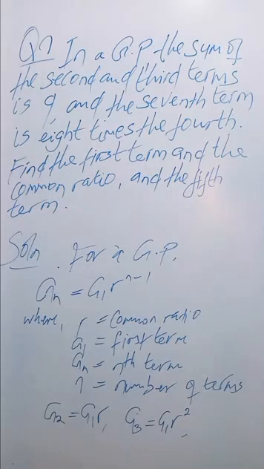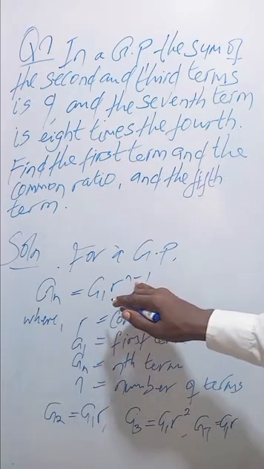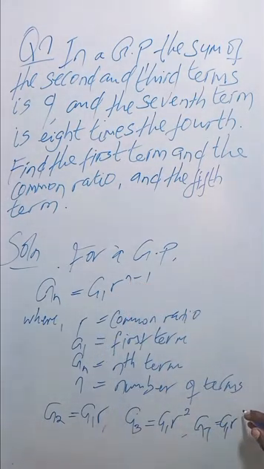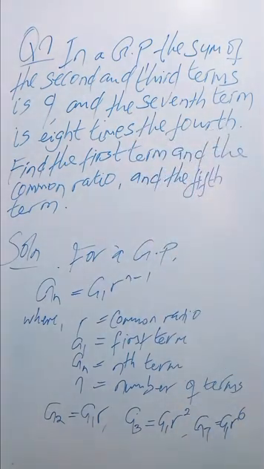Then what else do we have from this question? The seventh, that is G7. G7 will be equal to G1 times R, put here 7 minus 1, this is 6. What about the fourth, G4, since the seventh is 8 times the fourth?